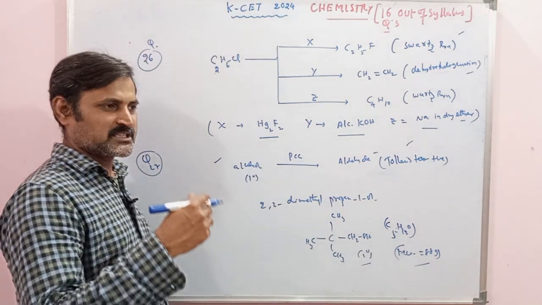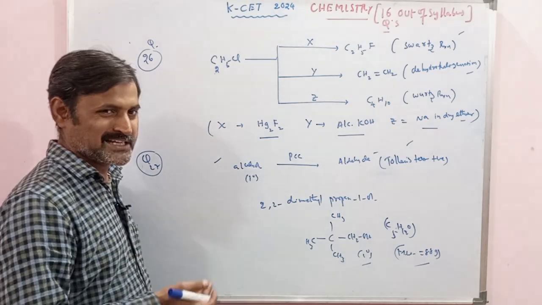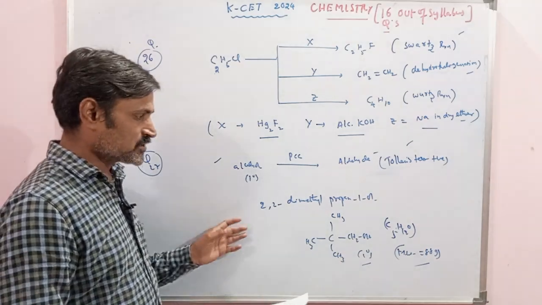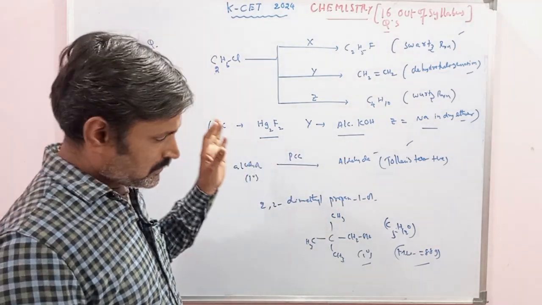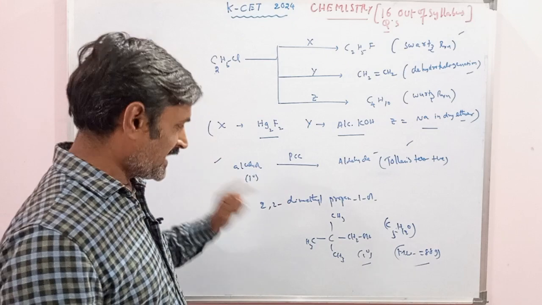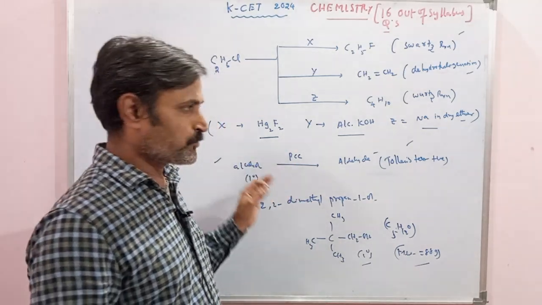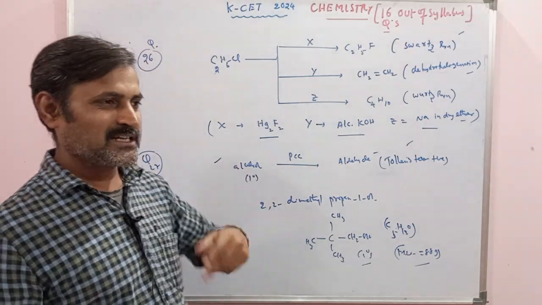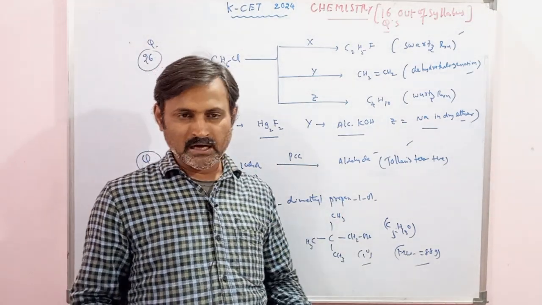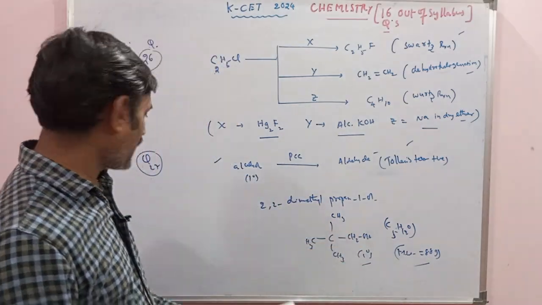The 88 grams and 2240 cm³ are just mole calculations. The positive Tollens' test is possible with primary alcohols, so check the primary alcohols given in the options that satisfy this molar mass. That is the right option.